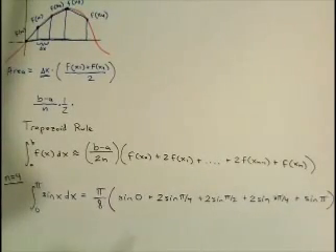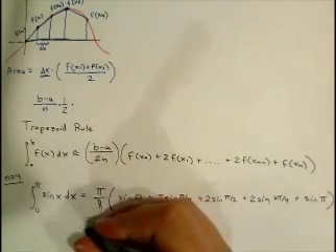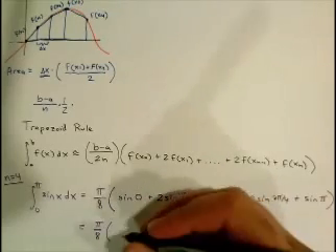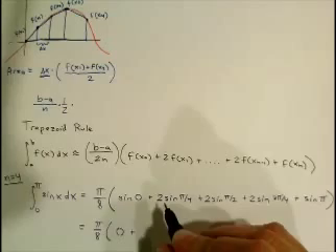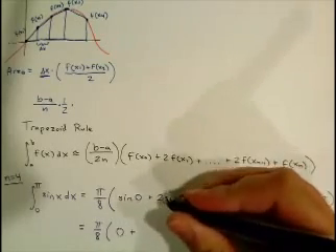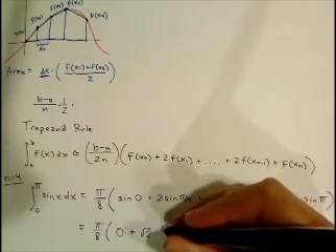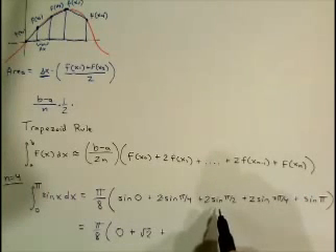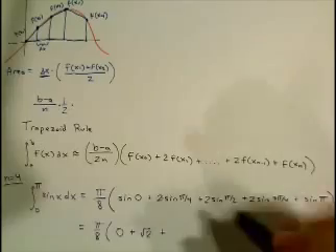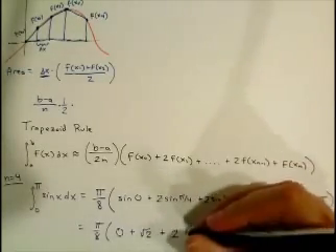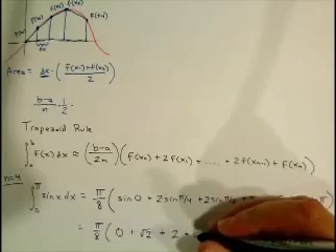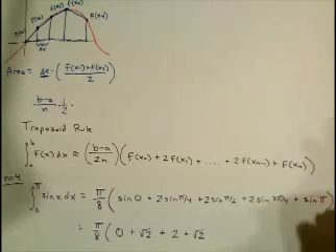Okay, so then we just have to evaluate these. So we'll leave the pi over 8 on the outside, and then sine of 0 is 0. This is 2 times square root of 2 over 2, so the over 2 cancels with this one, so it's just square root of 2. And then this one gives you 1, sine of pi over 2, right? Sine of 90, so you get 1, and so 1 times 2. This one's also square root of 2 over 2, so the over 2 part cancels.